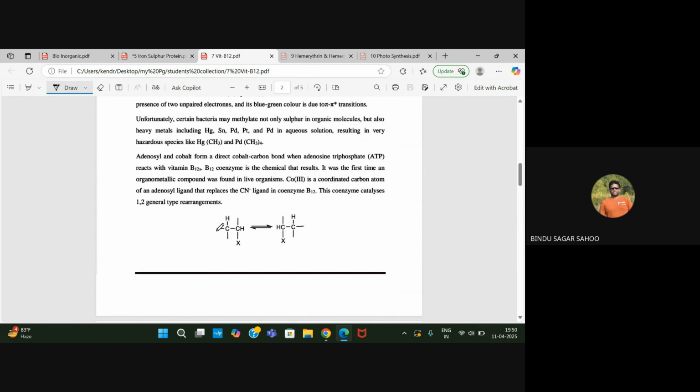That means, consider this complex, this X group can get transferred to this carbon position, and this methyl group can get transferred to here. So we can say this vitamin B12 coenzyme can make 1,2 rearrangements. In simple language, in the presence of this vitamin B12 coenzyme, a 1,2 rearrangement or group shifting occurs. That means this X group will get shifted to this part, and this methyl group will come to this part.